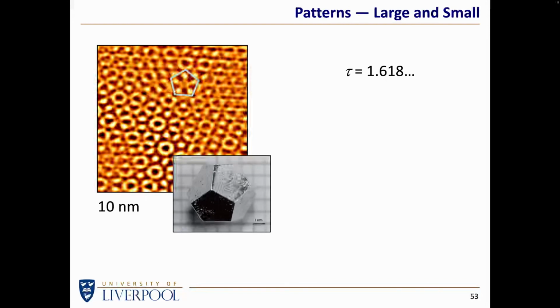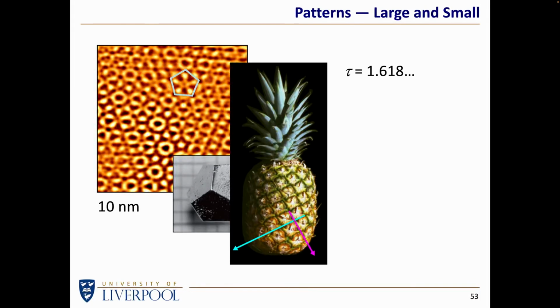Why is that interesting? Well, it's interesting in its own right as to why the atoms should arrange themselves like that, but it turns out it's the same number that crops up in pineapples. If you were to measure how many scales you have if you follow the spiral of a pineapple in one direction and the spiral of the scales in the other direction, if you take those two numbers and take the ratio, it comes out to be about the golden mean again, 1.6 something.